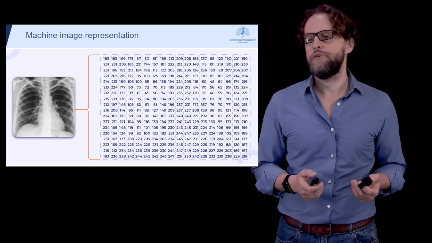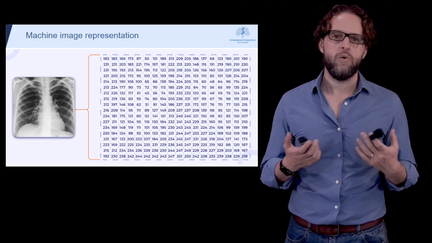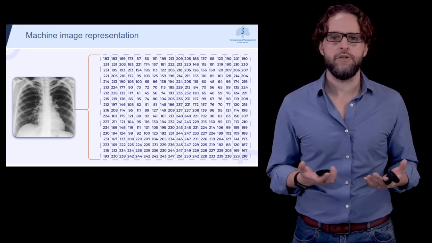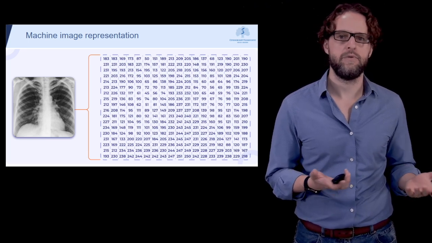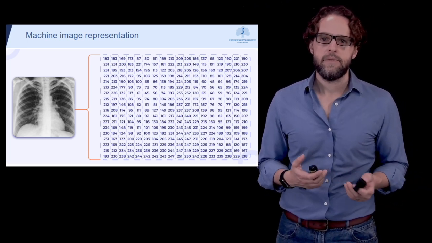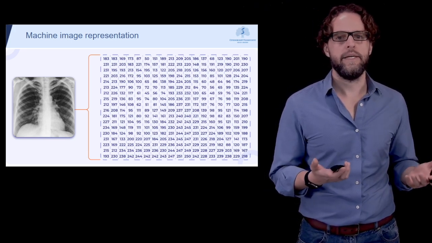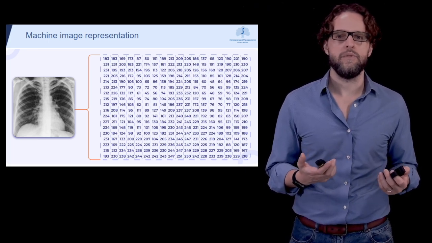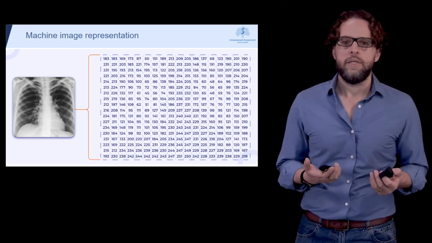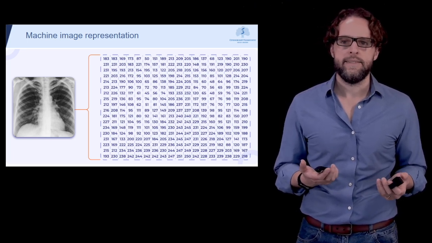And each individual image is a projection of an imaged object during the passage or reflection of a beam of some kind of radiation. Machine representation of an image is an array of values with at least two dimensions, where each value is a measure of signal intensity.